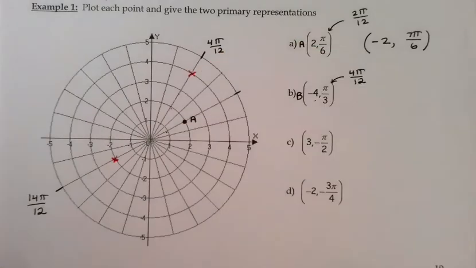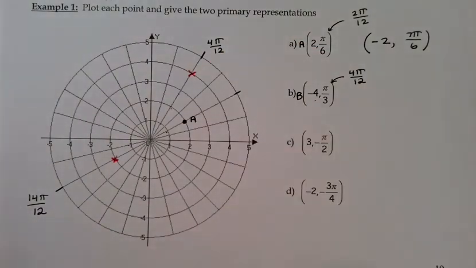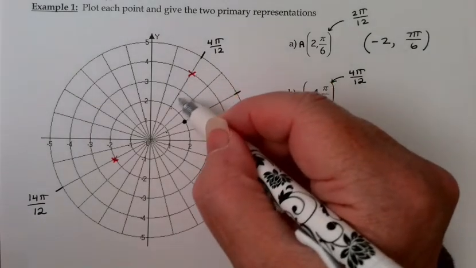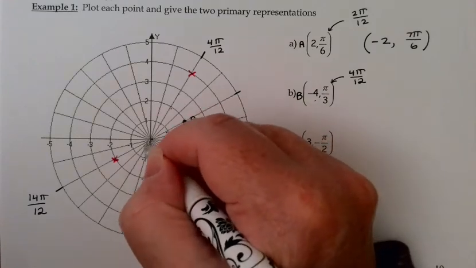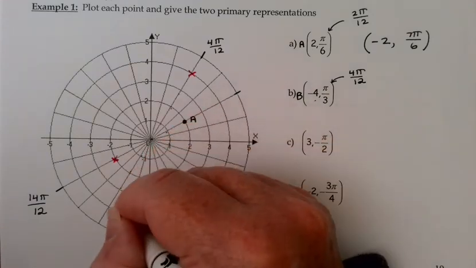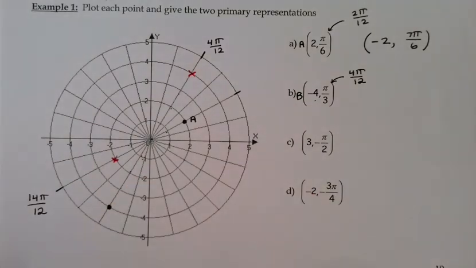It's the reflection of the point across the pole. That's what a negative r value means. So the actual point B is exactly opposite that. 1, 2, 3, 4 units along the ray. And there's the point B.